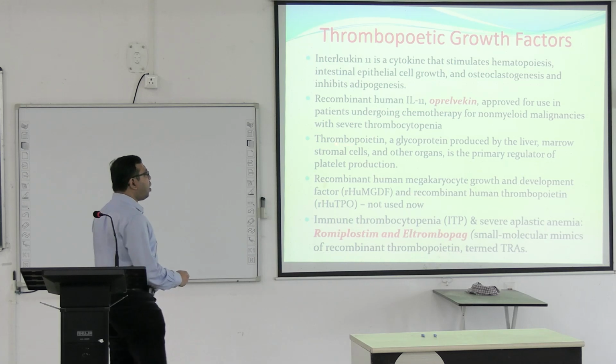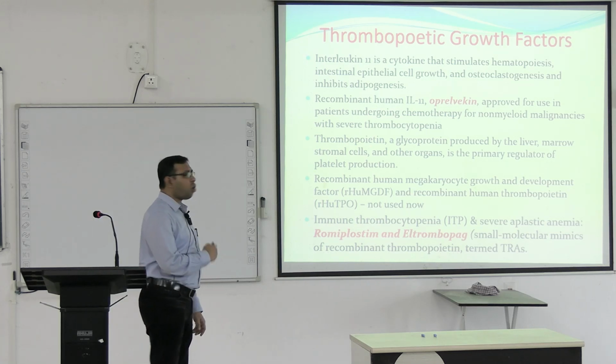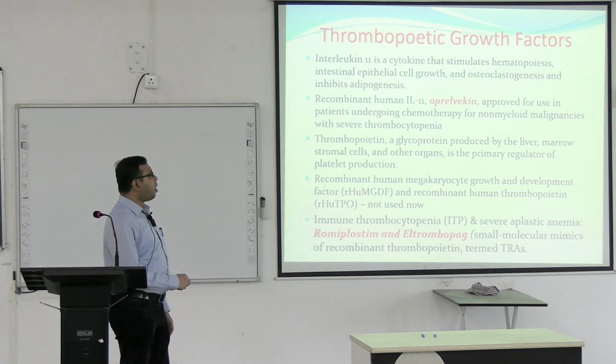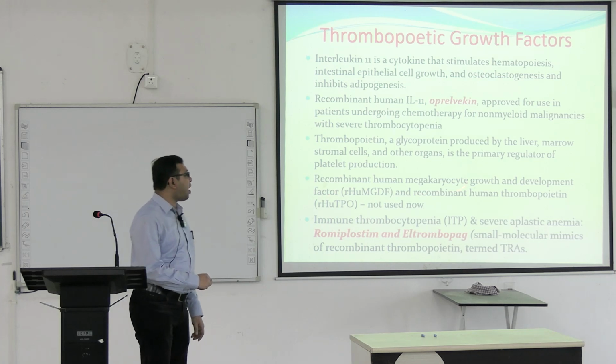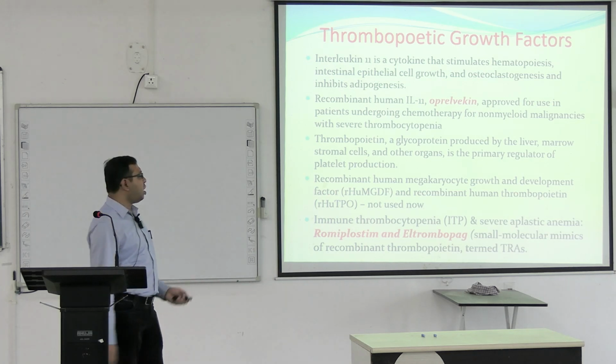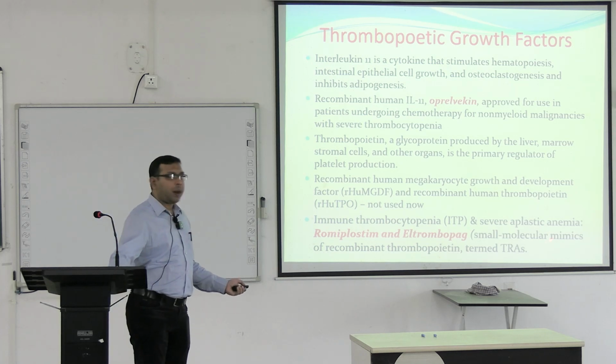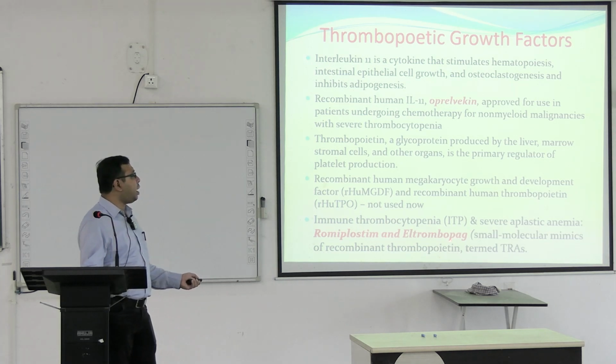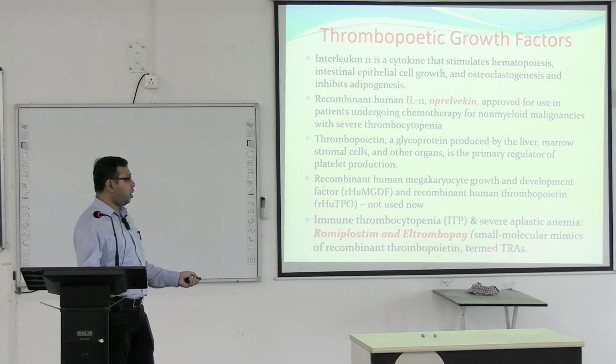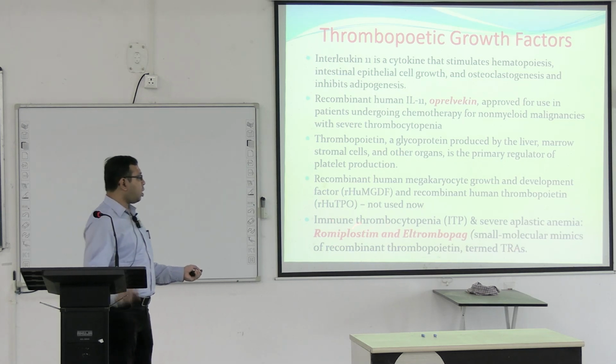Apart from this, there is thrombopoietin, but the details are not required, just remember the name. There are megakaryocyte growth and development factor and recombinant human thrombopoietin, which are not used now. In immune thrombocytopenia and severe aplastic anemia, we can use romiplostim and eltrombopag. These are small molecule mimics of recombinant thrombopoietin, acting on the TPO receptor.